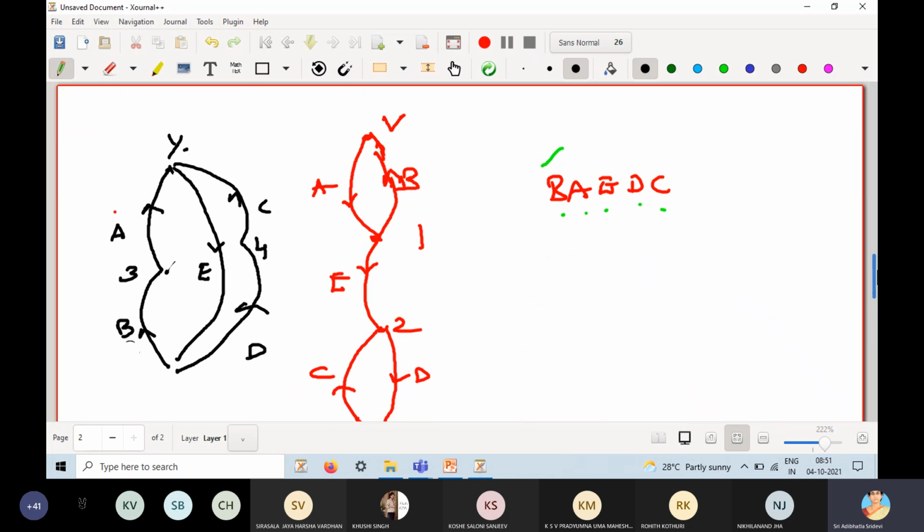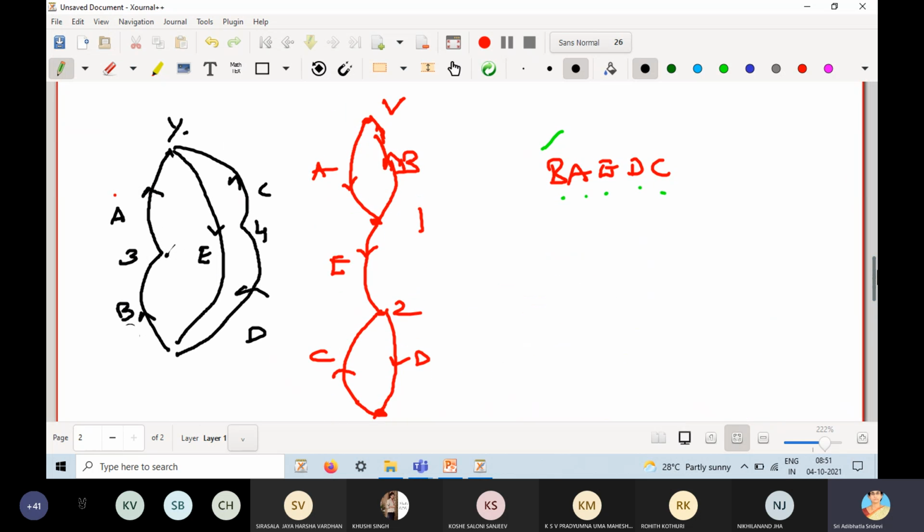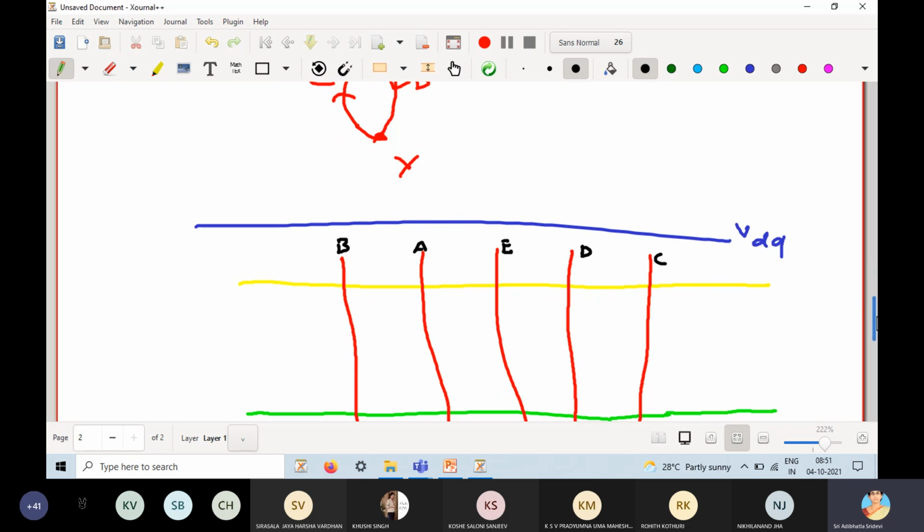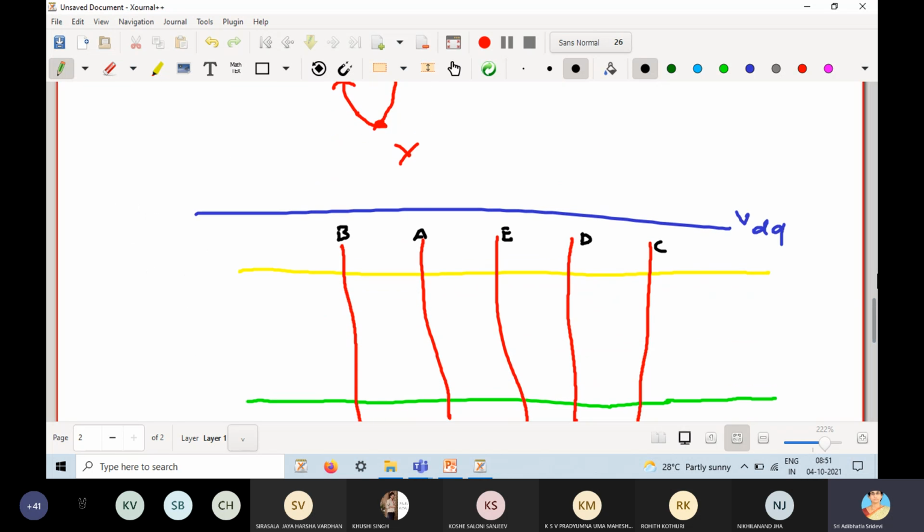After that, see the graph. See the graph, and translate the nodes from the graph to your stick. Node V. Where is node V? At only one place. Where is node V? At the junction of A and B, correct?